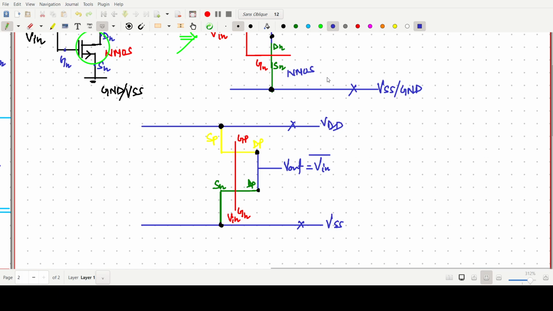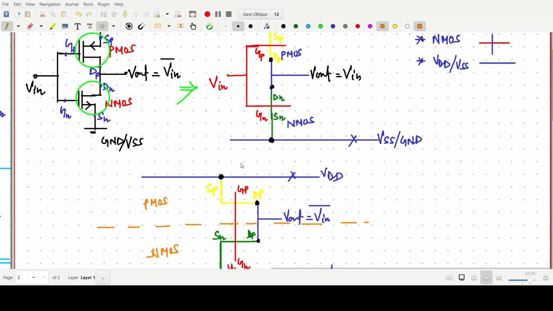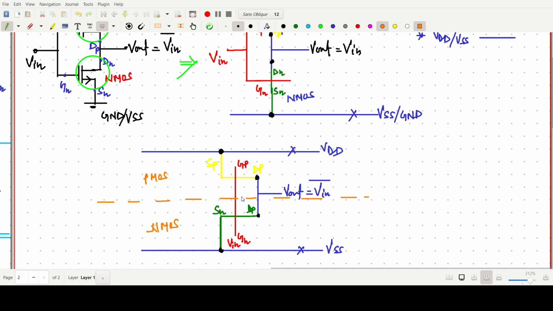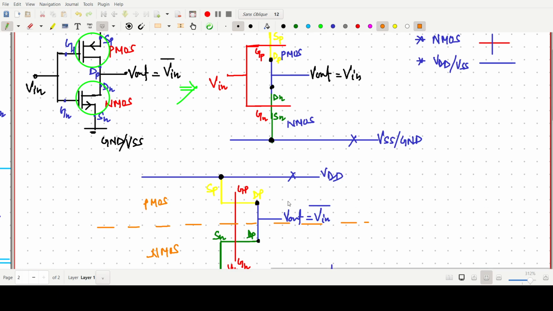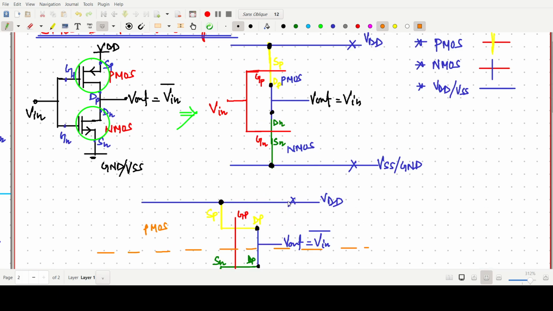Okay, and if we have to draw the demarcation line, we have to draw like this. Okay, so this side is our NMOS, above this it is our PMOS. So this one is also a simple representation. Here a single line is responsible for both, the gate of N is common with P. Okay, so both are the stick diagram representation of CMOS inverter.